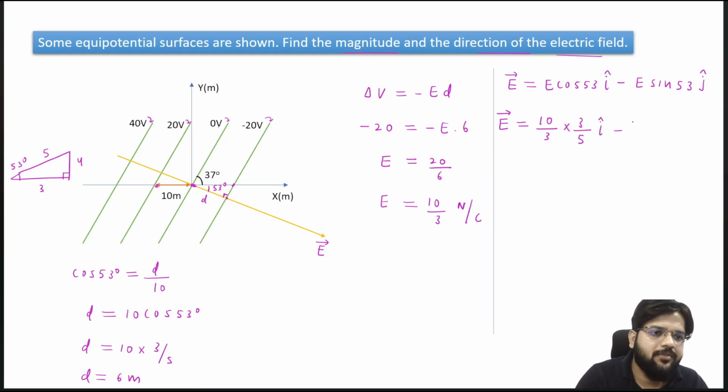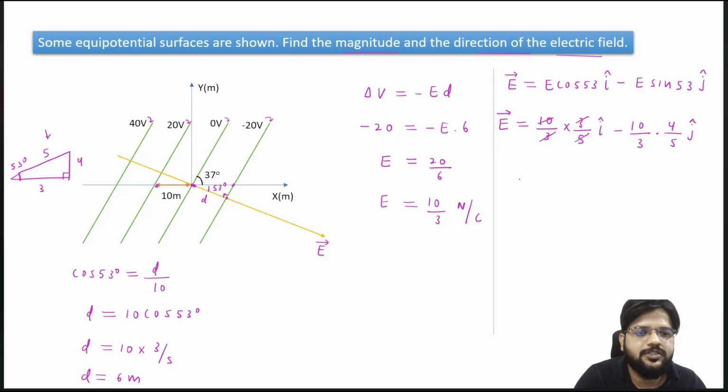E is 10 by 3 and sin 53. The value of sin 53 is 4 by 5. Look at this triangle, everyone. This is 53, so it is perpendicular by hypotenuse, means 4 by 5. Alright. Now simplify this and let's see what we get. 3 is cancelling here.